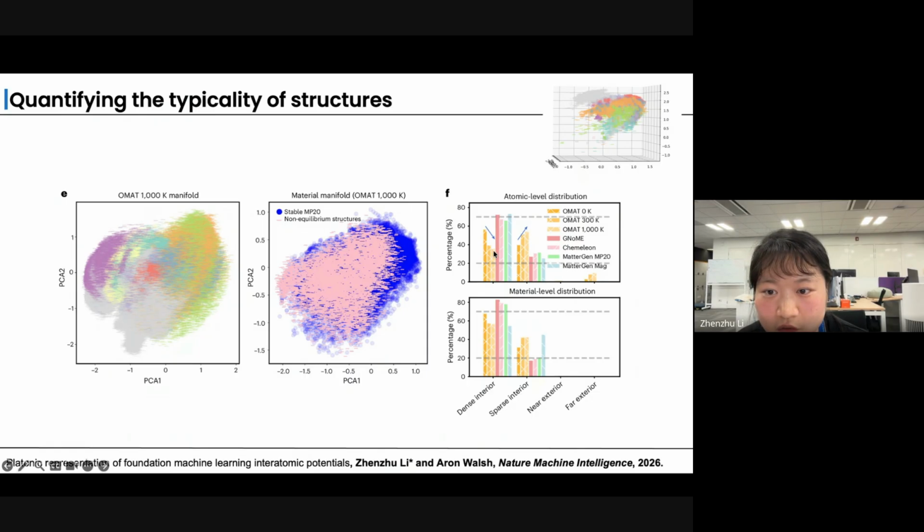And then this part is only to check the change of the structures when increasing the temperature from 0 to 1000 K. This is extracted from the OMat dataset, which also follows the trend that when the temperature is higher, the structure will be very different from the known stable structures, and they tend to be more in the sparse region, which kind of increases the novelty of the structure.